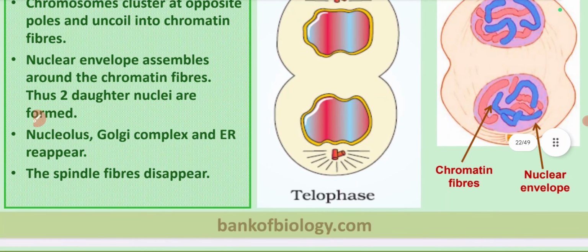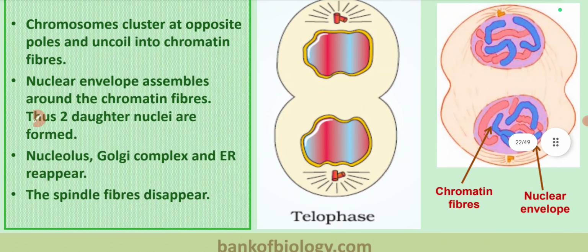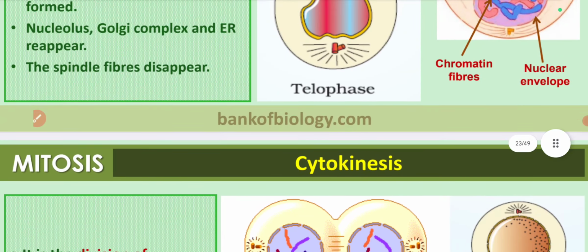The nuclear envelope assembles around the chromatin fibers, thus two daughter nuclei are formed. Nucleolus, Golgi complex and ER reappear in the telophase stage. The spindle fibers disappear in the telophase.